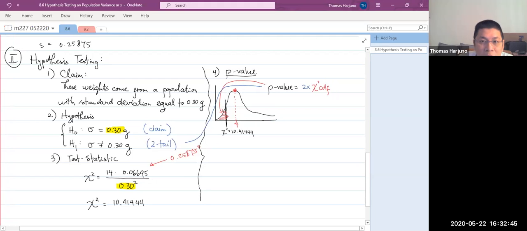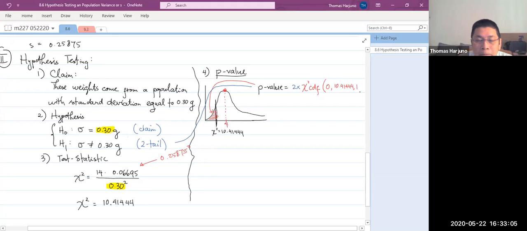Now, chi-square distribution starts from 0, not from negative infinity. So the left fence will be 0. The right fence will be 10.41444, and degree of freedom 14. Now, use your calculator for that.